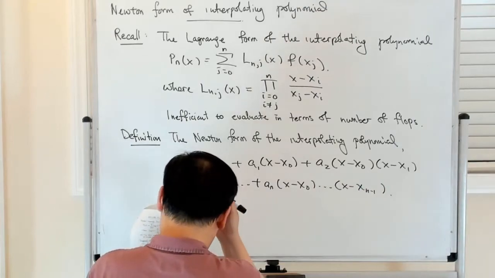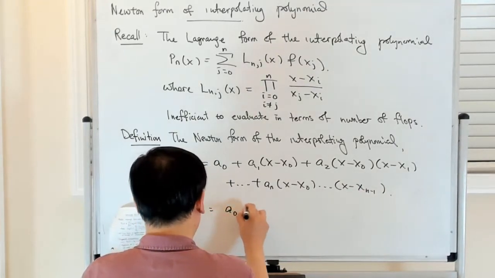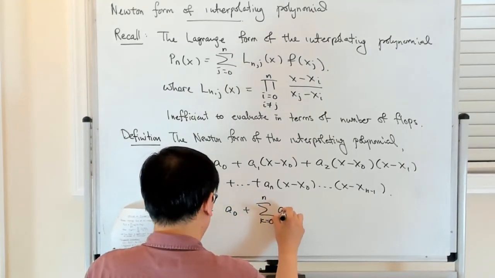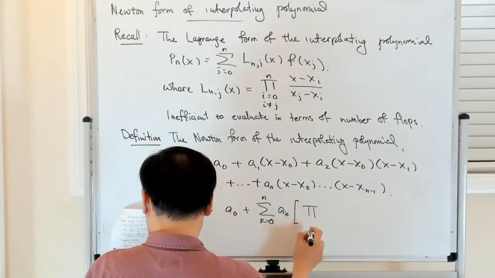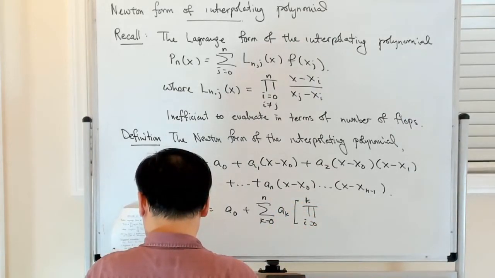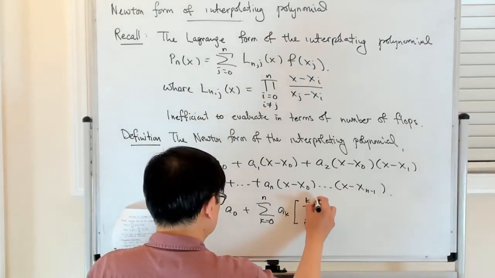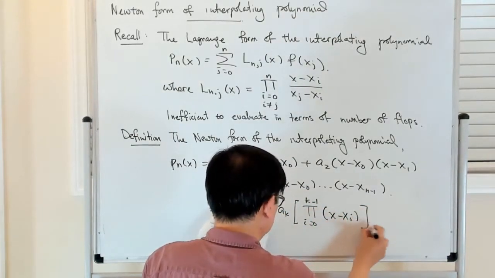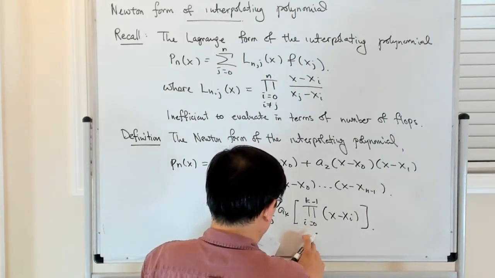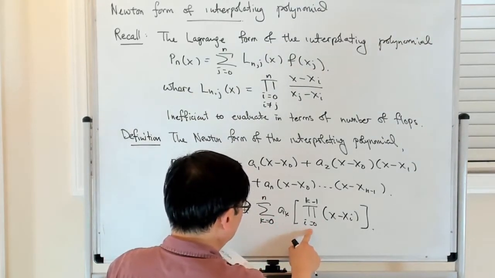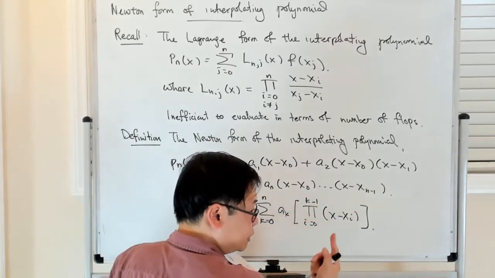Okay, so this is a0 plus the sum from k equals 1 to n of ak times the product from i equals 0 to k minus 1 of (x minus xi). In principle, you could include this a0 term as well, as long as you understand that when there are no terms at all, the product just gives you 1.